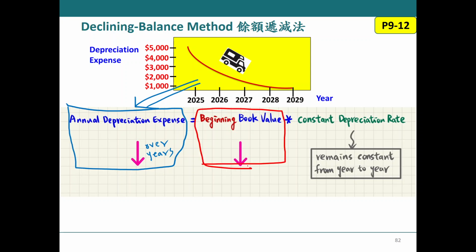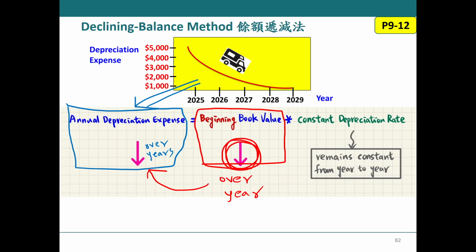Book value decreases over years. So based on this, we can get our purpose. So we use book value because book value decreases over years.